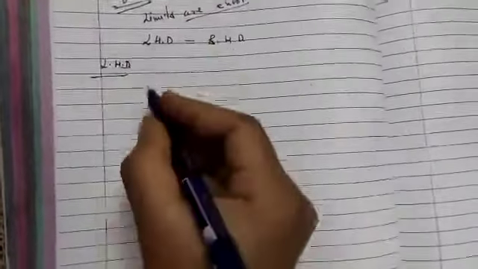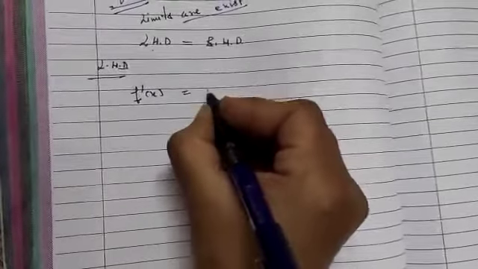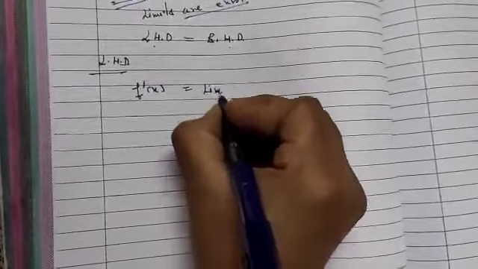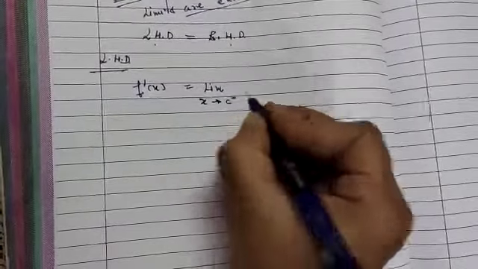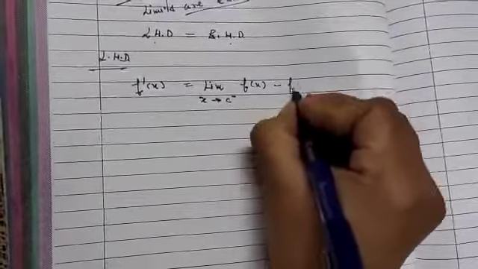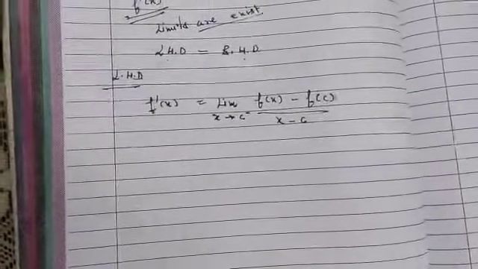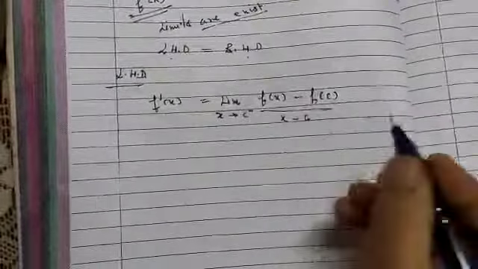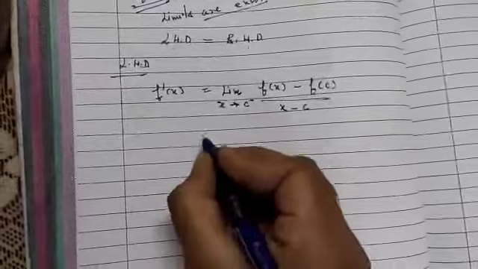We can prove the left hand derivative by taking the function f of x equal to the limit as x tends to c negative of f of x minus f of c upon x minus c. Let's prove it.